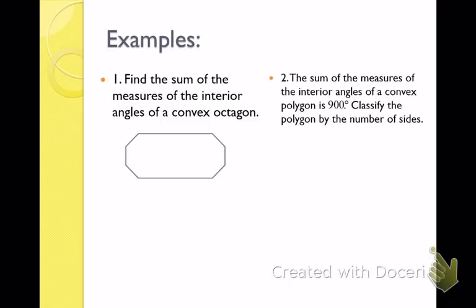So let's apply that. Find the sum of the measures of the interior angles of a convex octagon. Remember, an octagon has 8 sides. So I'm going to do n minus 2 times 180, and that will tell me the sum of the angles.